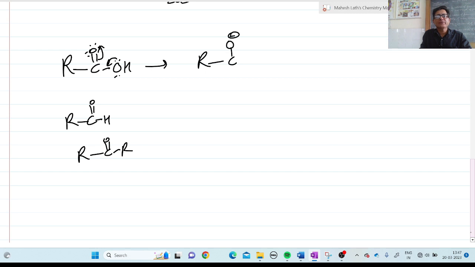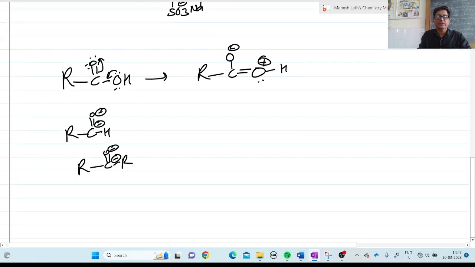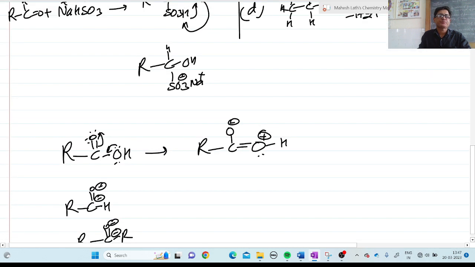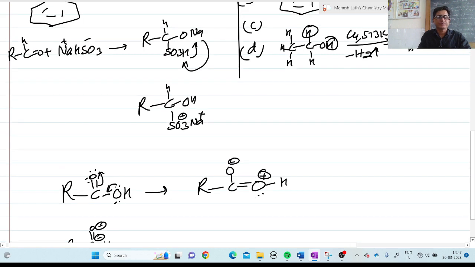RCOO negative. The positive charge is not present on the carboxylic carbon as it is on the carbonyl carbon. So that is why the carboxylic group, although a carbonyl portion is present in it, does not show the characteristic reactions of carbonyl compounds.